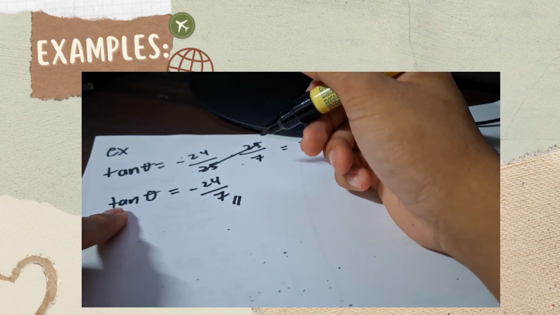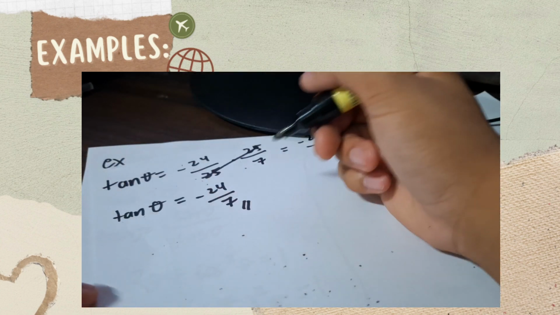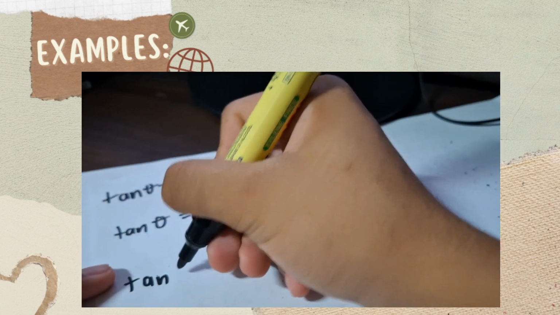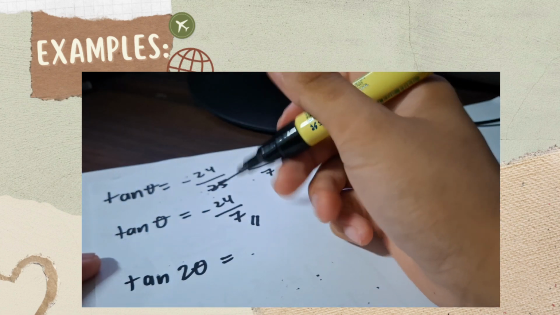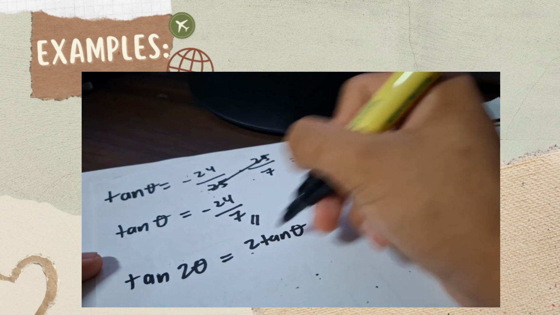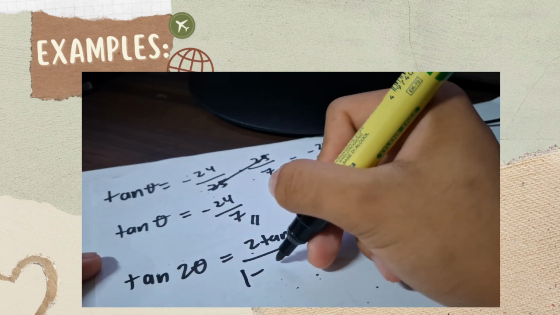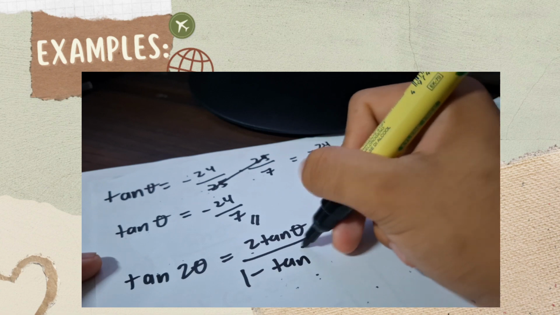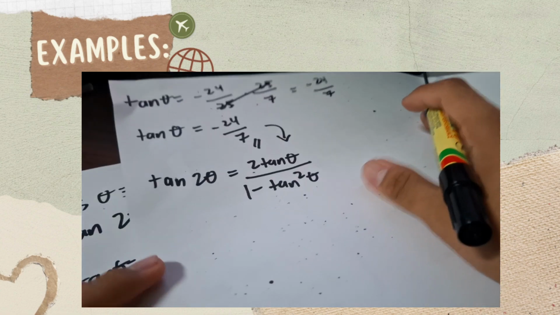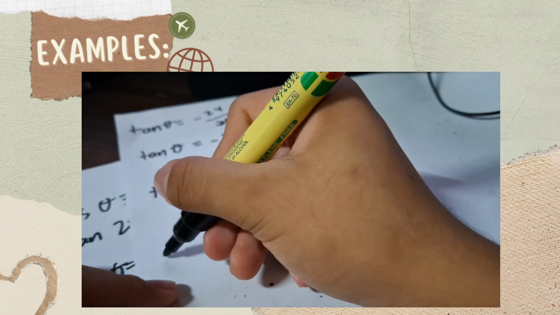So since we know the value of our tangent, we are able to input it to our identity, the double angle identity. It will be tangent 2 theta is equal to 2 tan theta all over 1 minus tan squared theta. So let us substitute our given that we found into the formula.